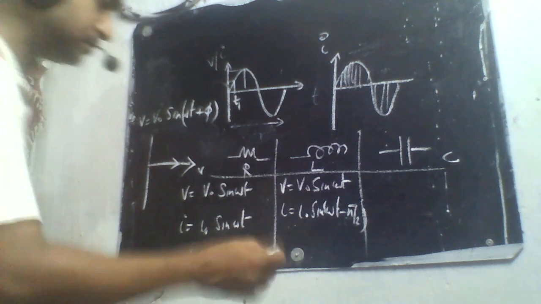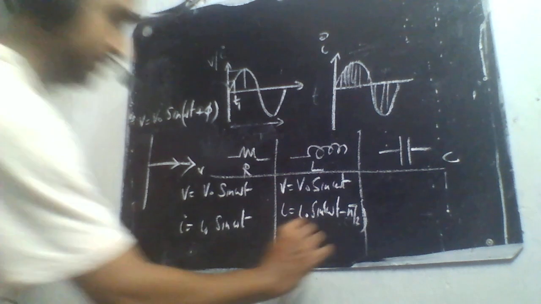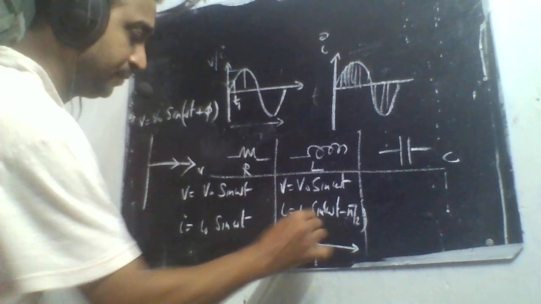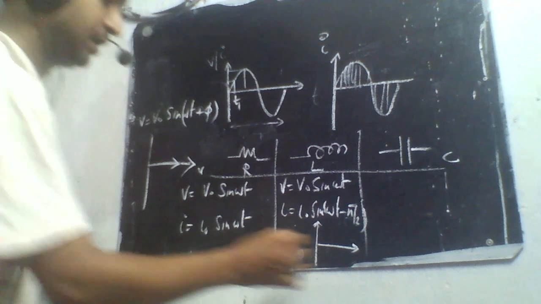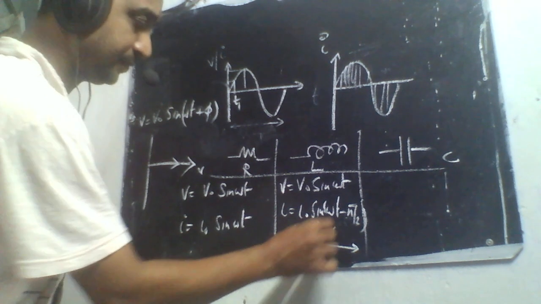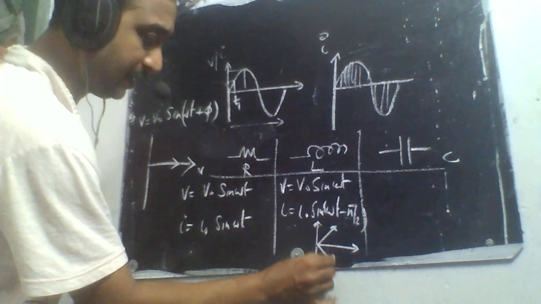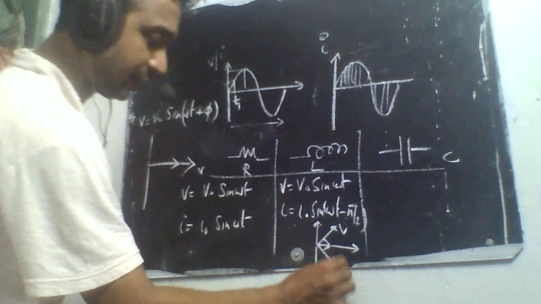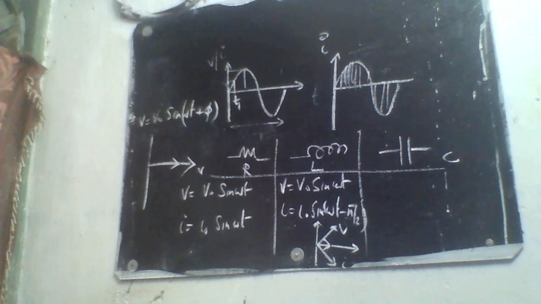If you plot the phasor diagram, it will be something like this. You can check in your textbook. If the voltage is leading, then the current will be lagging by an angle of 90 degrees. So voltage will be up and current will be down by an angle of 90 degrees.